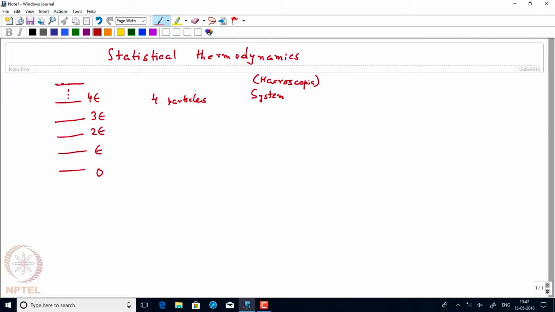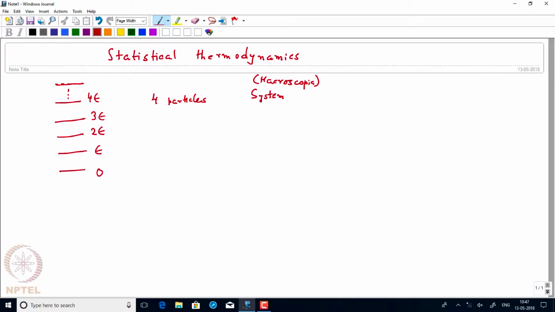It is very much a phenomenological science, and people derived very nice relationships before the 1850s or so, around the time when Clausius did his monumental work. According to macroscopic thermodynamics, you can define the total energy of the system.